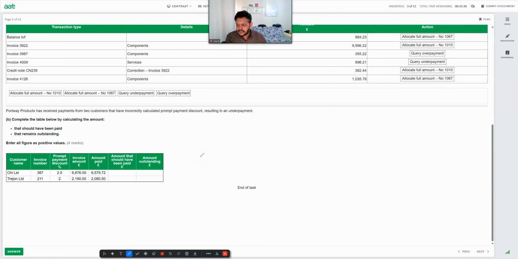It says 2.5% and 2%. Now the amount paid is this. Invoice amount was this and amount paid this. So let's take a look. The invoice was 9876 and we should get 2.5% discount. Now you can minus 2.5% from here, or you can actually multiply with 97.5%.